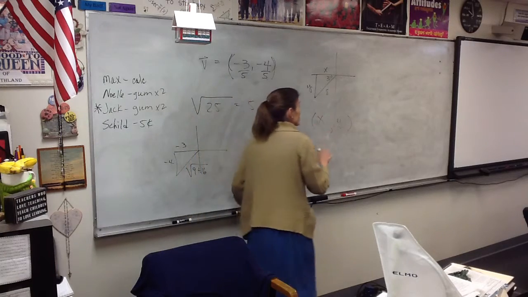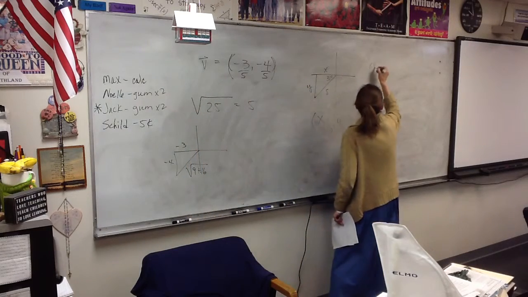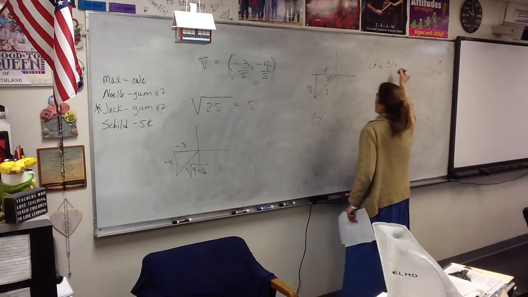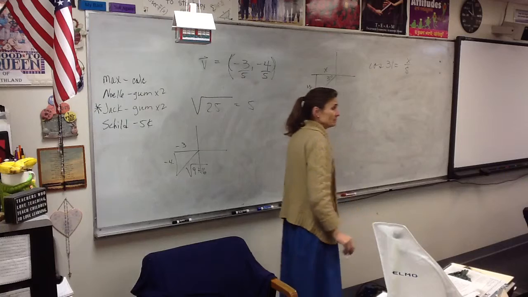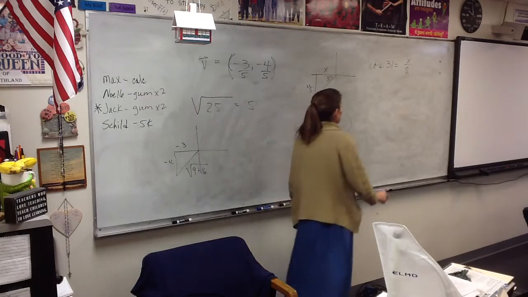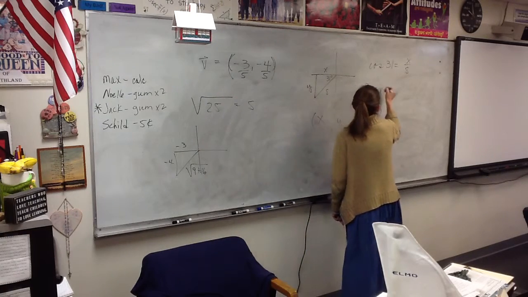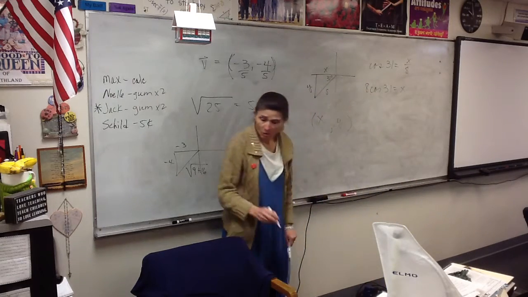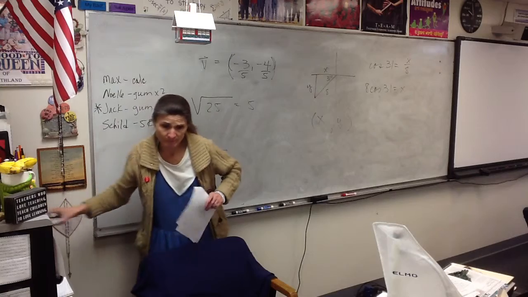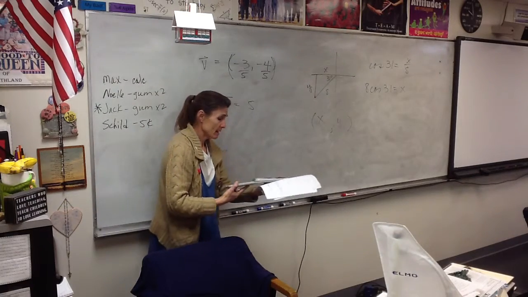We use our trigonometry. So we'll say the cosine of 31 equals x over 8. So 8 cosine 31 equals x. And I go to my calculator and I type that in.